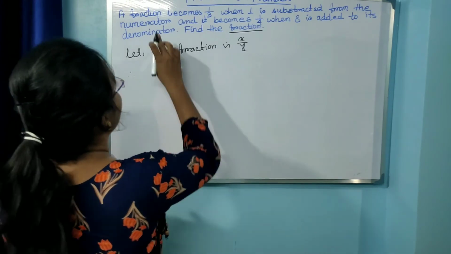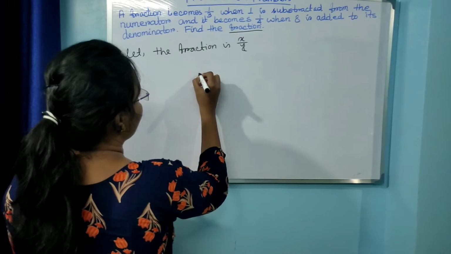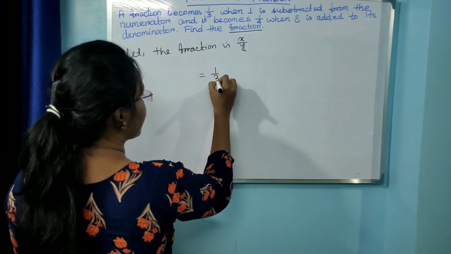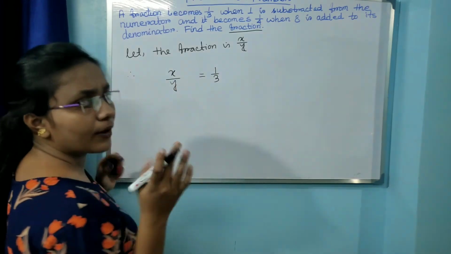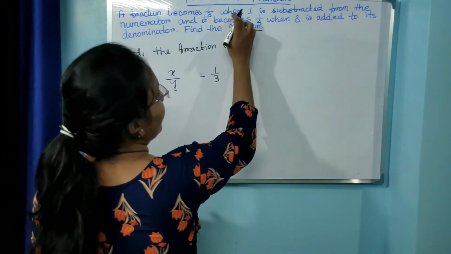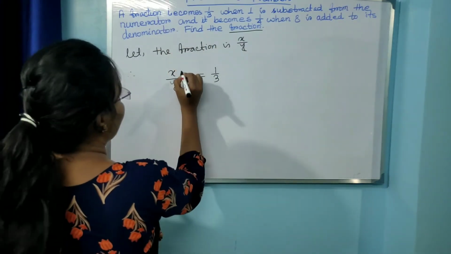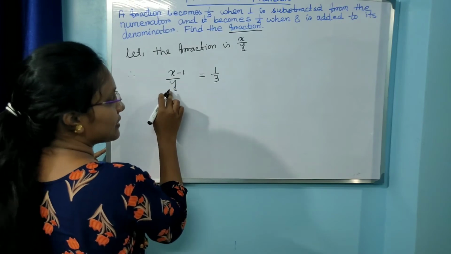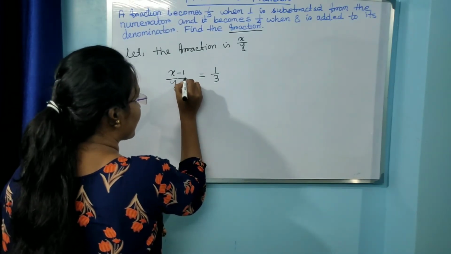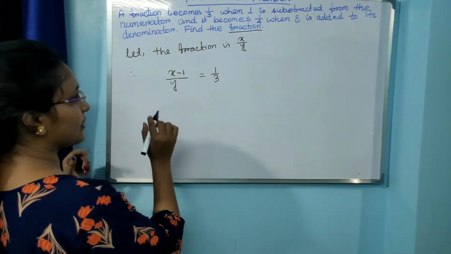So here it is given that a fraction becomes 1 upon 3 when 1 is subtracted from the numerator. So 1 is subtracted, this is the numerator, this is the denominator, so when 1 is subtracted from the numerator, it becomes 1 upon 3. So it is done.